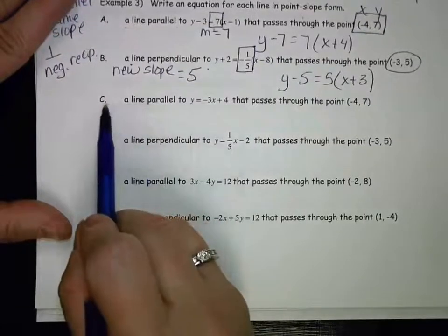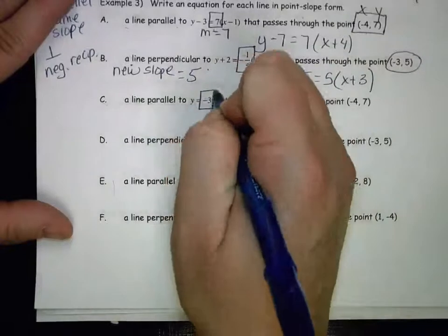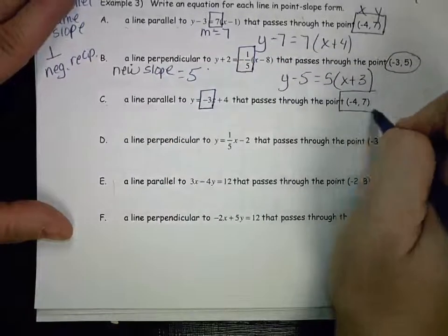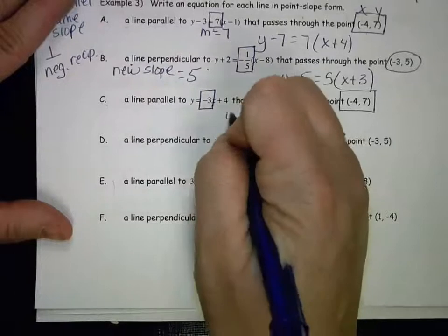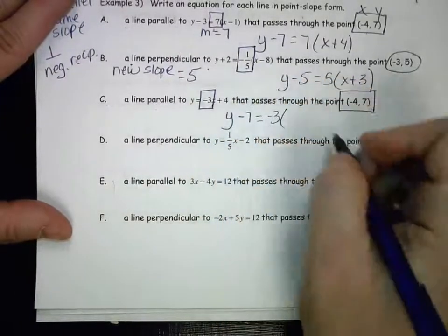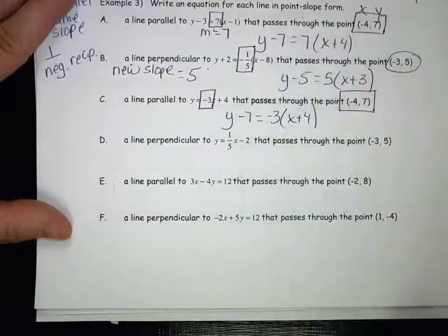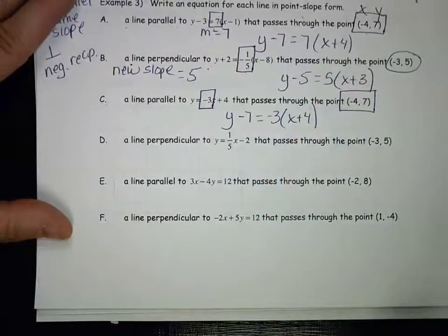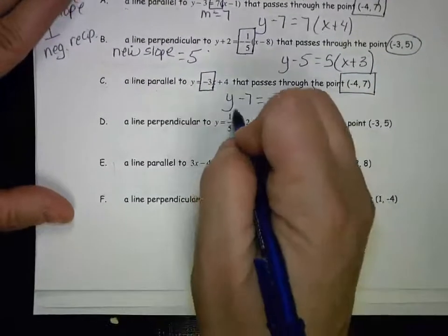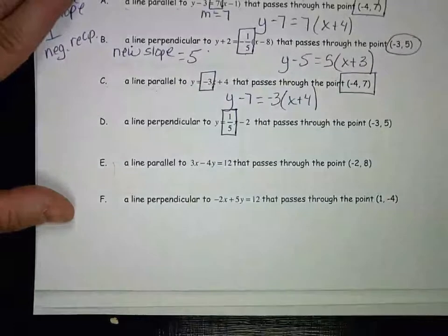Letter C, a line parallel. This time we're going to have the same slope, so we're going to use that. And then this is our point. Y minus 7 equals negative 3 times x plus 4. Letter D, we want perpendicular. There's our slope.